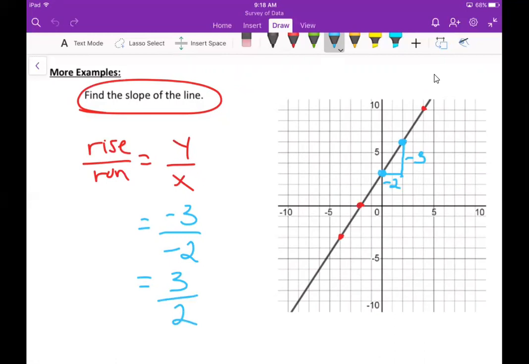Now I want to point out, I'm going to kind of back up on this. You can use any 2 points that you want. So let's say I hadn't found those 2 points, okay? Let's go back here and say, originally when I looked at this line, I knew I had to find 2 points. Let's say I found the two furthest apart, right? Let's say I saw this one up here, and then I saw this one down here. And that's totally fine, so long as you're changing in the y direction first.